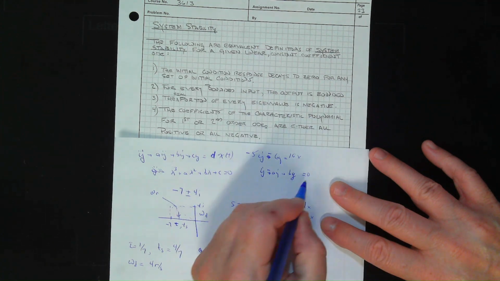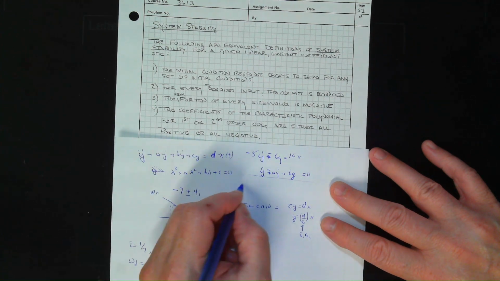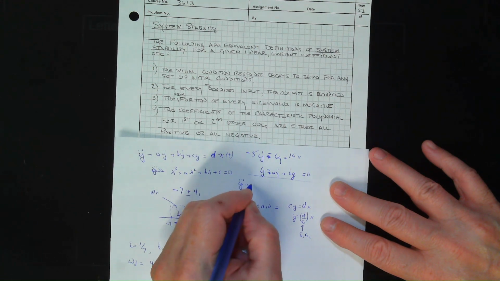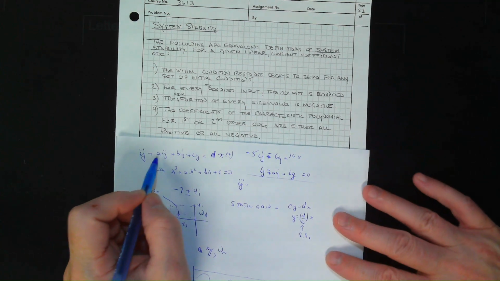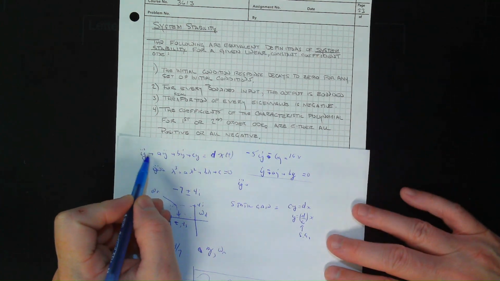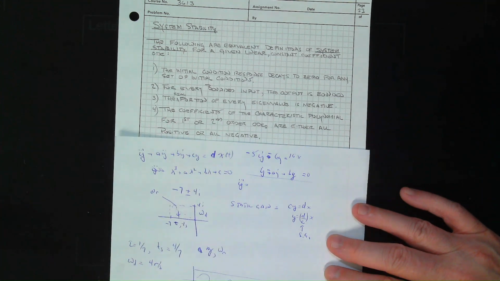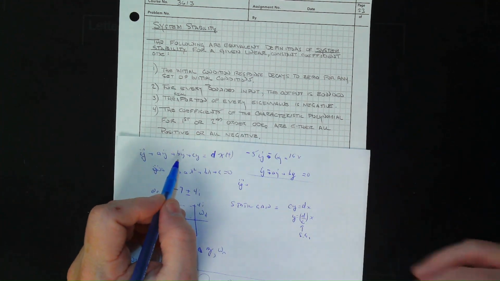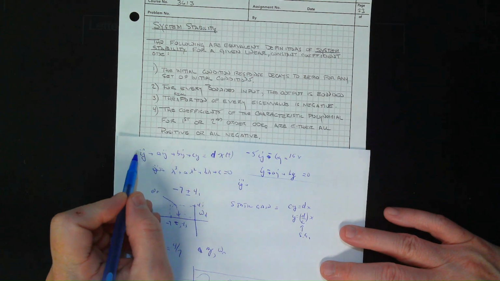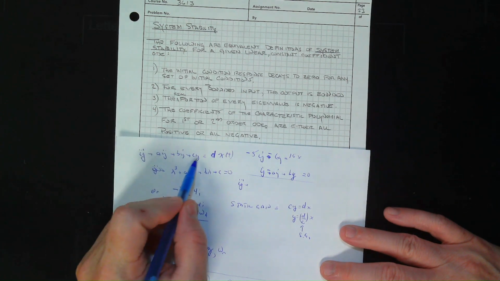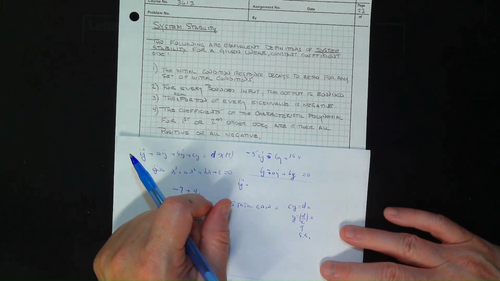Now, if you write a third order differential equation, y triple dot plus a y double dot plus b y dot plus c y equals the input. Here's the deal. If these are all positive or these are all negative, it doesn't prove whether it's stable or not.